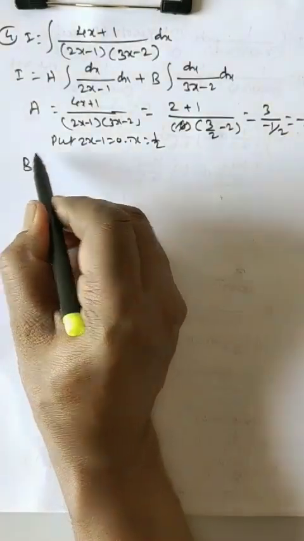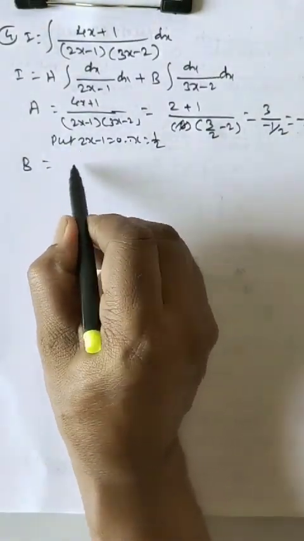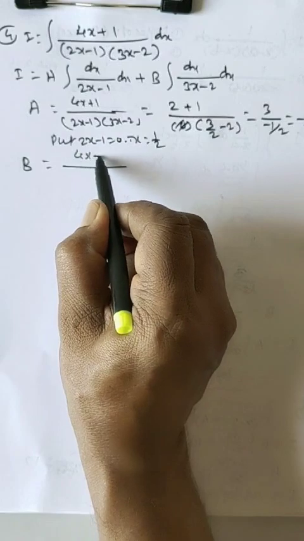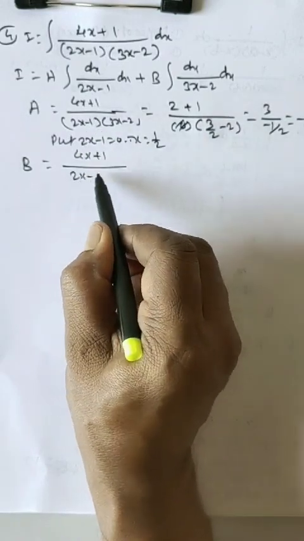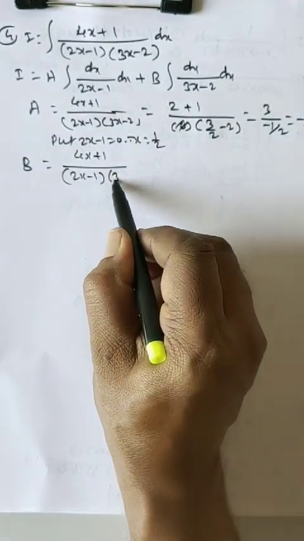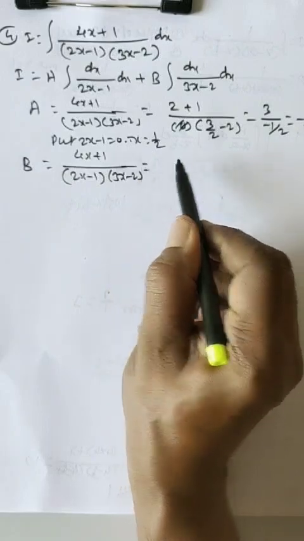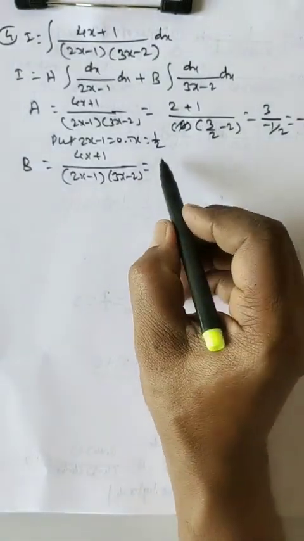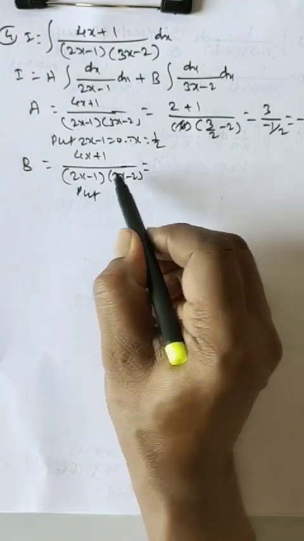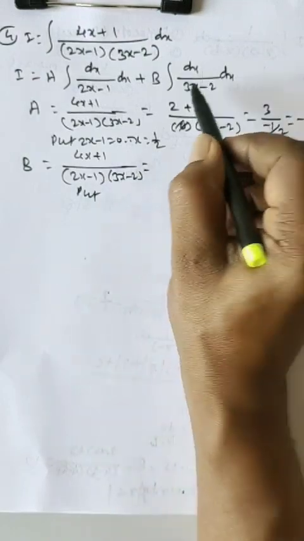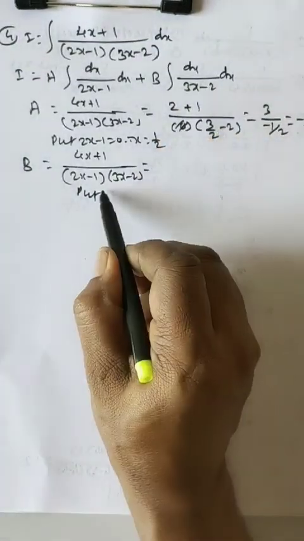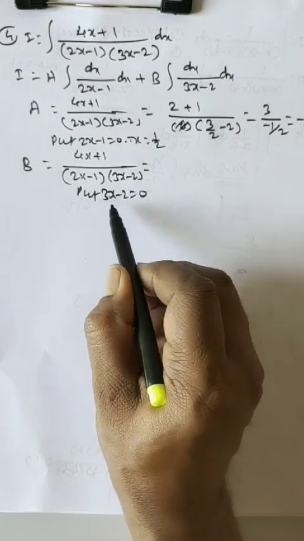b equal to, again 4x plus 1 upon 2x minus 1 into 3x minus 2. To find b, put 3x minus 2 equal to 0.